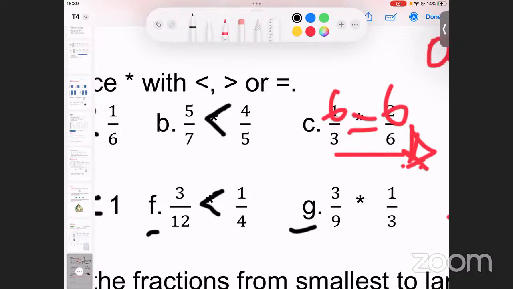So first I went on my paper, then I wrote the question, then I went on the calculator, then I put 3 over 9. Wait, 3 over 9? Not this one. We are on 3 over 12 divided by 1 over 4.